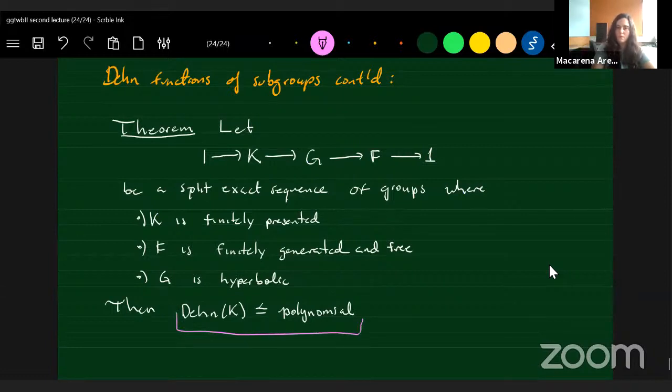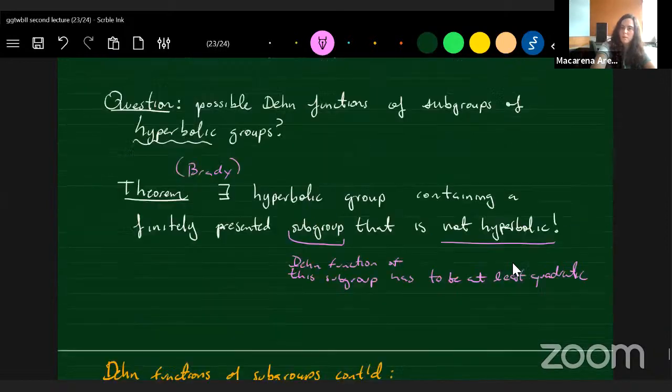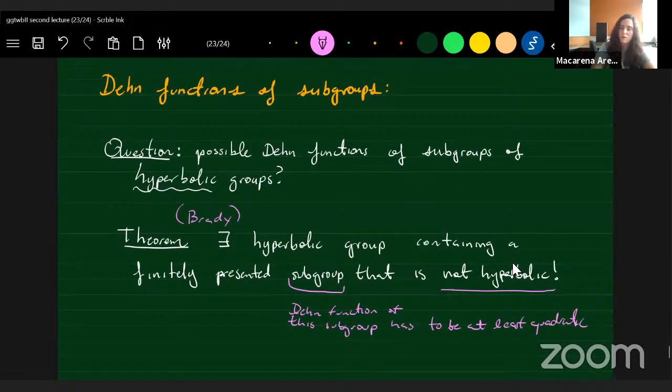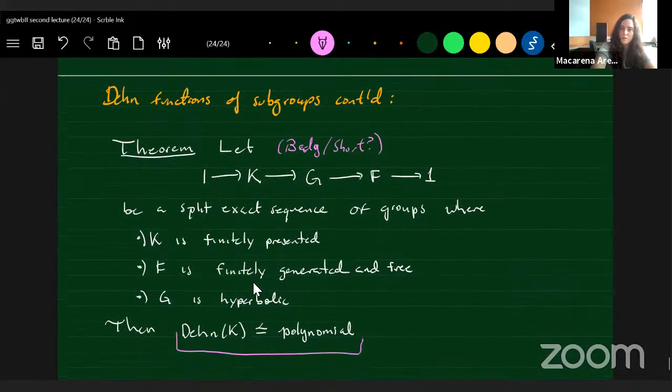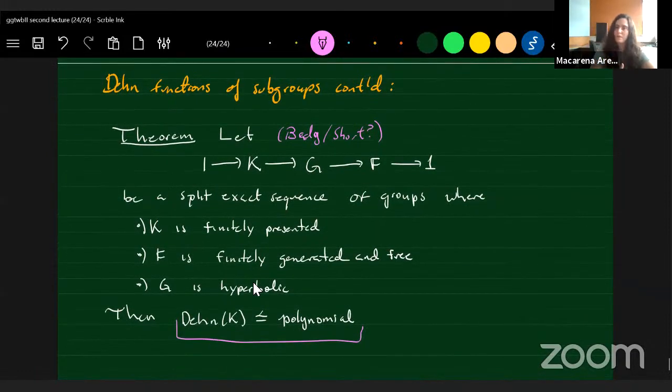So this is a theorem also of Brady, I think, or maybe of Short. So we have subgroups of hyperbolic groups whose Dehn functions are defined and are not linear. And we also have an understanding of how bad they can be in these examples.